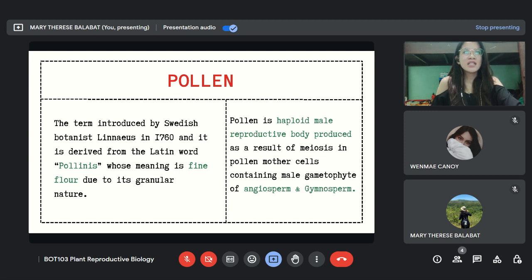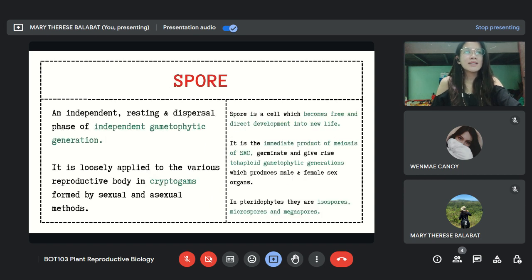It is the immediate product of meiosis of the spore mother cell, and germinates to give rise to haploid gametophytic generations, which produce male and female sex organs. In pteridophytes, they are isospores, microspores, and megaspores.